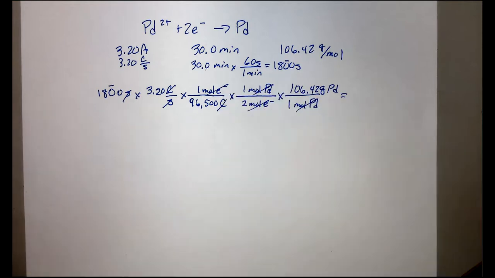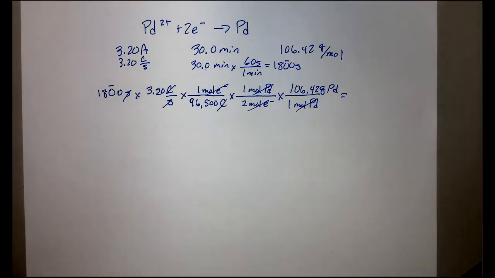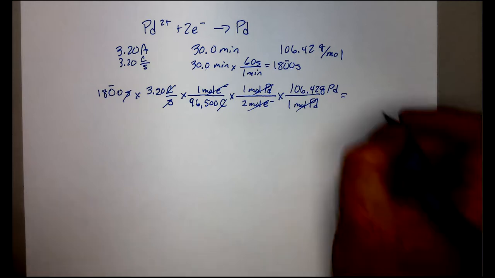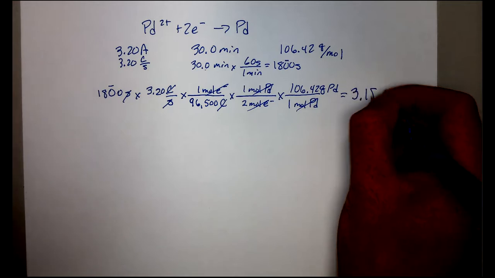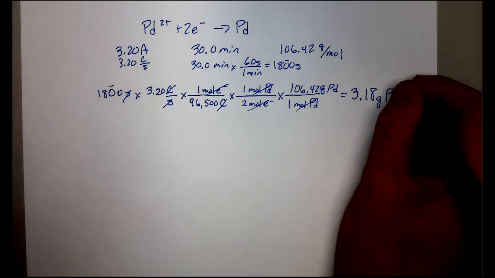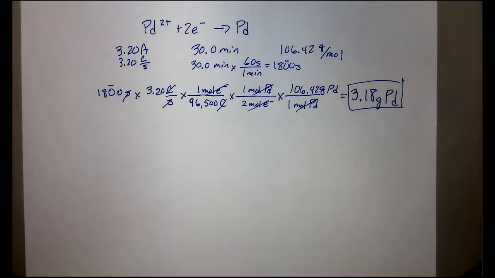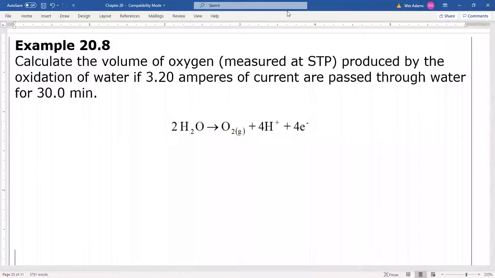Now we can calculate everything out. And to 3 sig figs, we're going to say 3.18 grams of palladium. And that would be my answer.